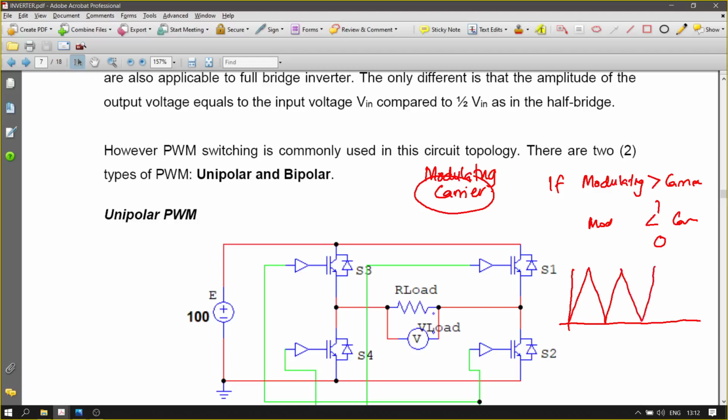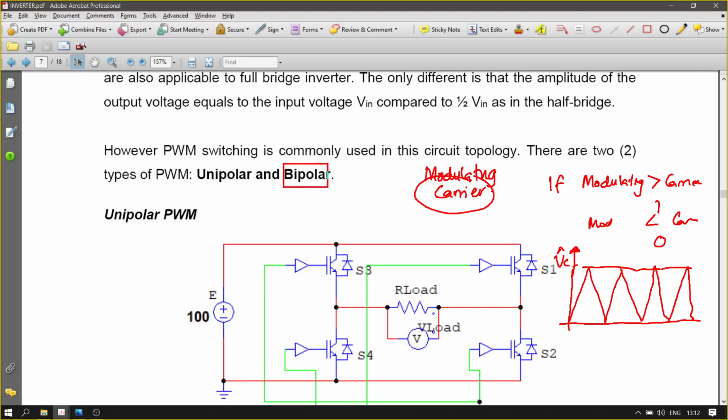It is a triangular carrier signal, but always positive. Let's say this is Vcm, the amplitude of the carrier signal, and then you compare with the sinusoidal modulating signal. I will show that.